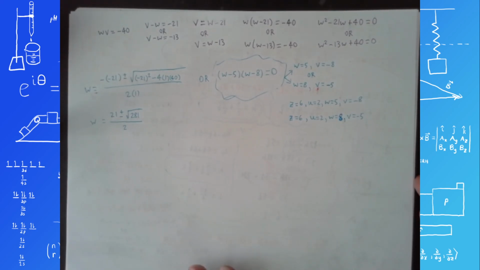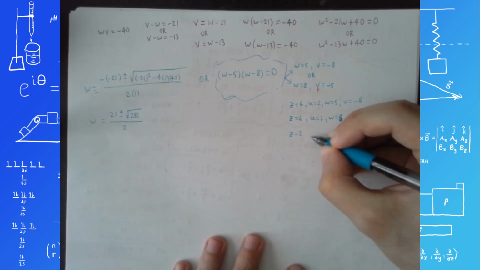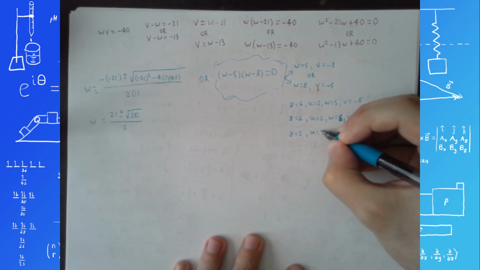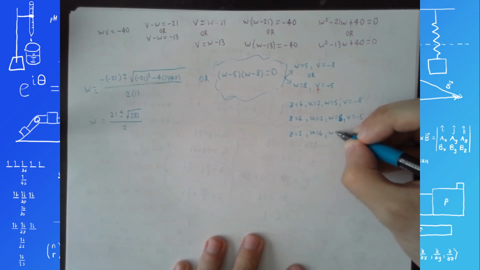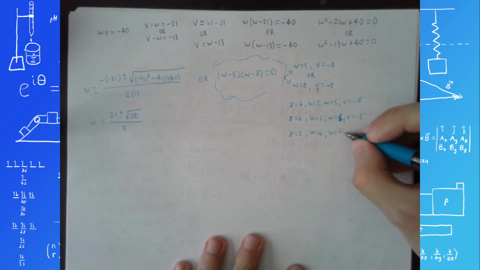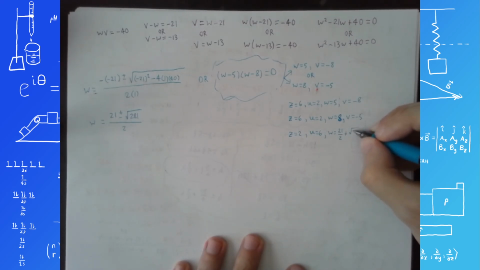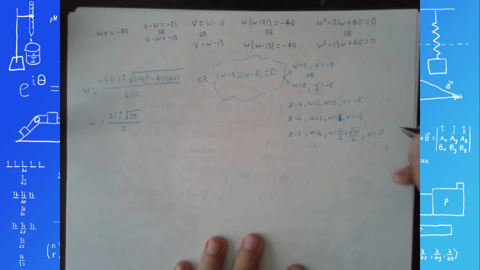That's another solution. And then your other two solutions are going to be of the form z equals 2, u equals 6, w equals 21 over 2 plus root 281 over 2, and v equals whatever. You can solve for it if you really want to, it's equal to -40 over this, basically.